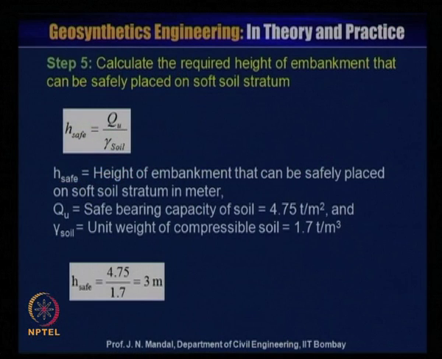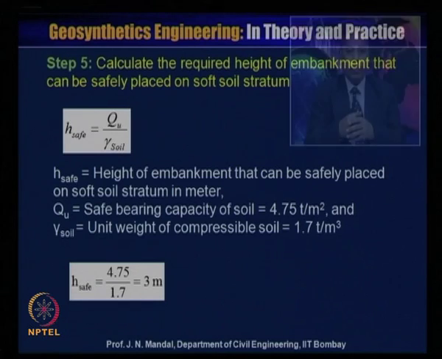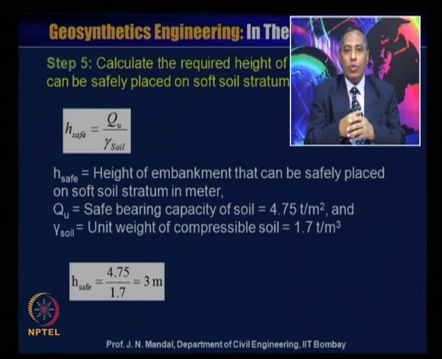Step 5, calculate the required height of the embankment that can be safely placed on the subsoil stratum. H safe is equal to Qu divided by gamma of soil, where H safe is the height of the embankment that can be safely placed on the subsoil stratum in meters, Qu is the bearing capacity of the soil, 4.75 ton per meter square, and gamma is the unit weight of the compressible soil, 1.7 ton per meter cube.